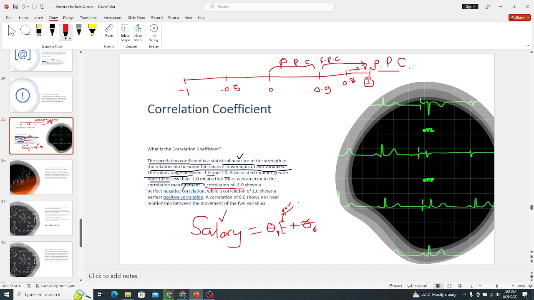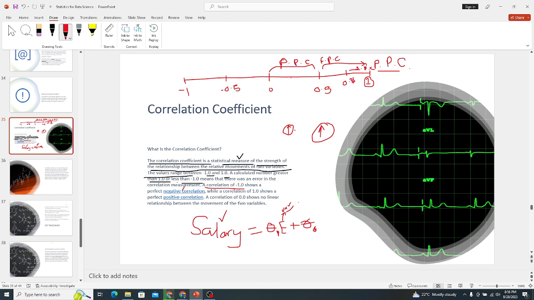So now, from layman's language, you know that more experience will definitely mean more salary.